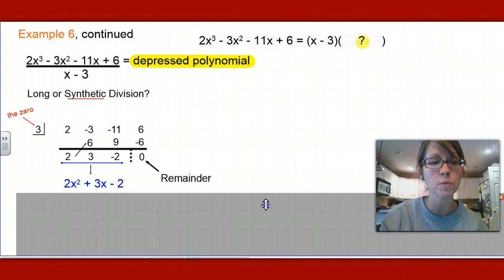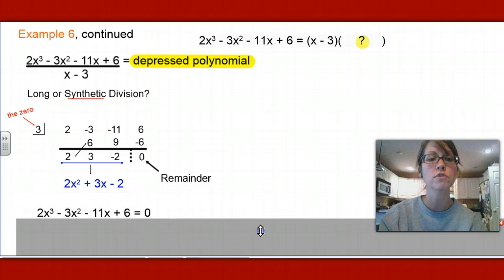And so that depressed polynomial comes from these coefficients, which are the polynomial 2x squared plus 3x minus 2. Remember, it steps down the degree by 1. You took a cubic and you divided by a linear, and that produces a quadratic. Okay, so there is our missing factor.